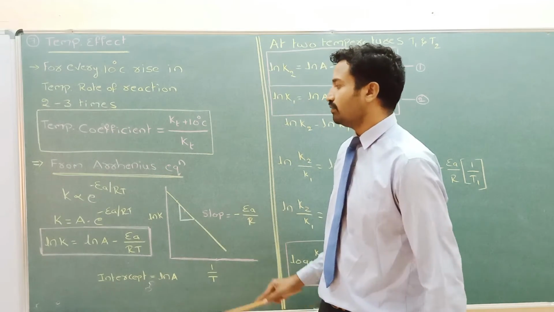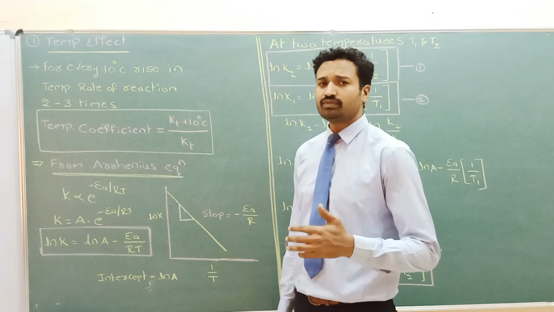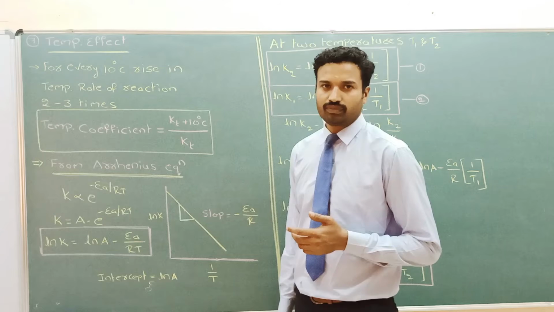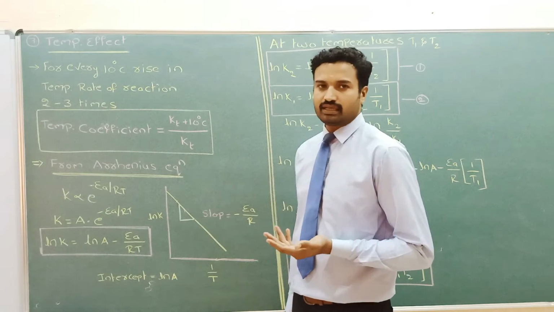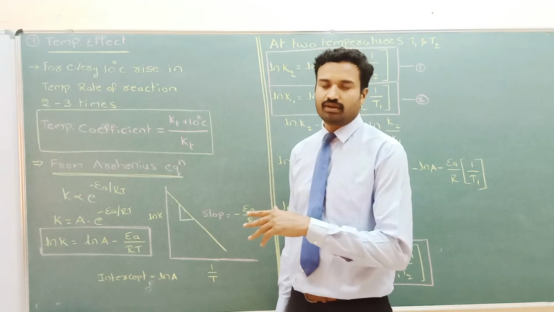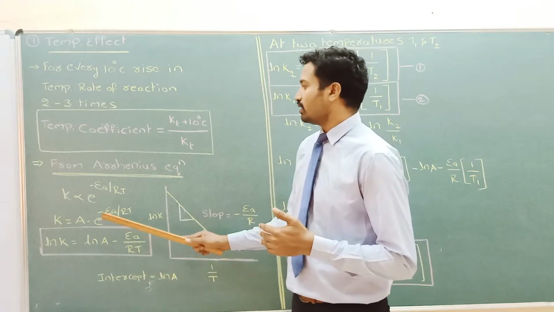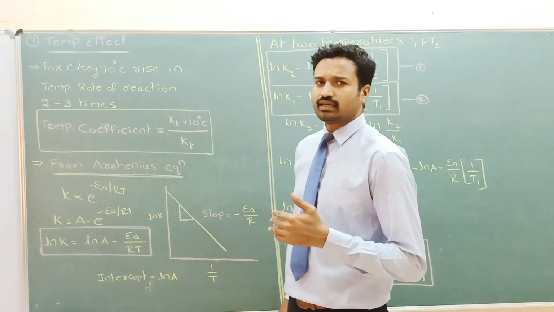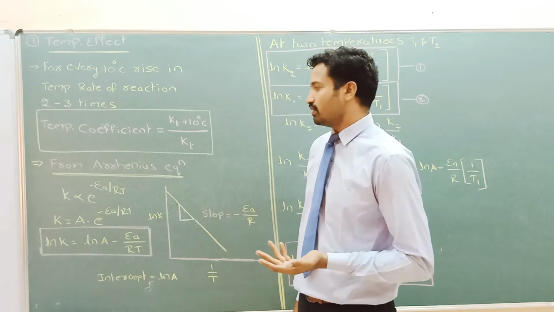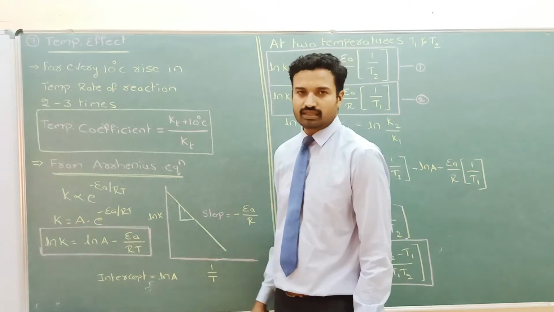Now we will see the effect of temperature on rate of reaction. If the temperature is T1, the rate constant is K1, and if the temperature is T2, the rate constant is K2. Here we will discuss the effect of temperature on rate constant from the Arrhenius equation.